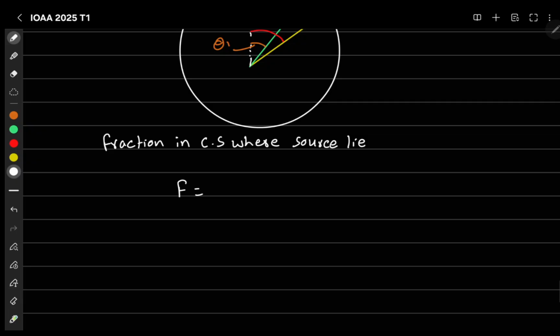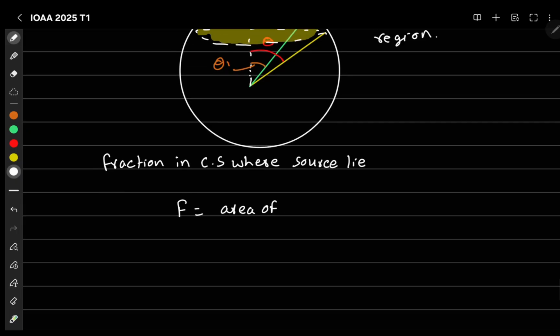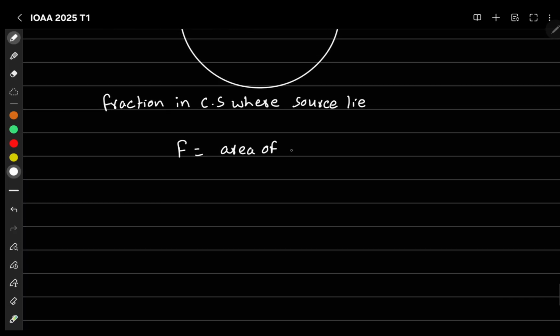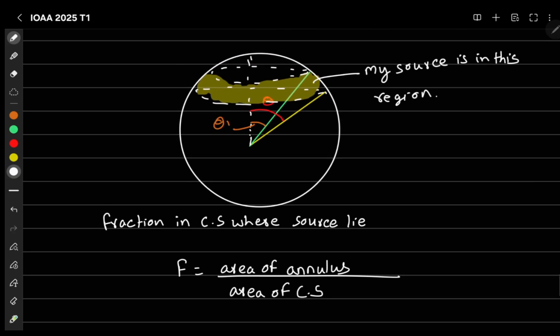The fraction is the area of the shaded region, the annulus that has been created, divided by the area of the celestial sphere. This is what I need to find.